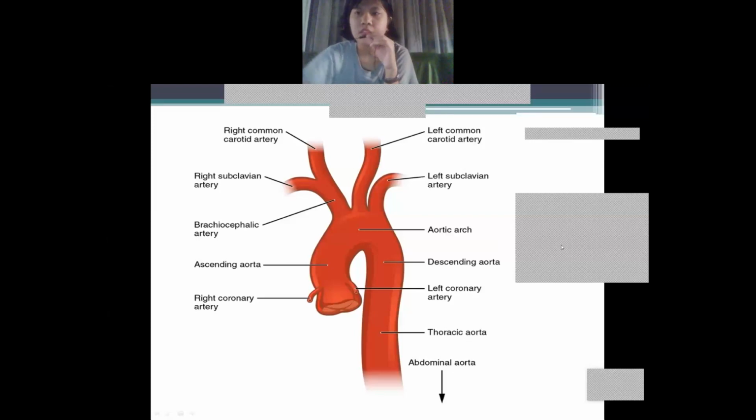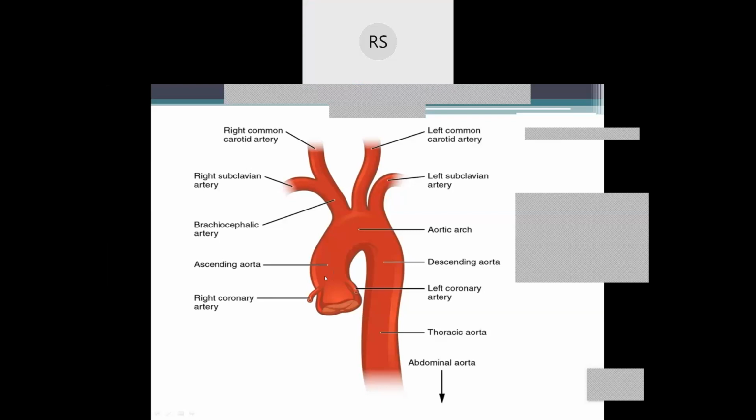Rashmi, can you hear me? Yes, ma'am. Okay, Rashmi, can you tell me, the descending aorta is divided into how many parts? Two parts. Name them. Thoracic aorta and abdominal aorta. Okay. And Rashmi, in the ascending aorta there are some vessels, or else three dilatations.